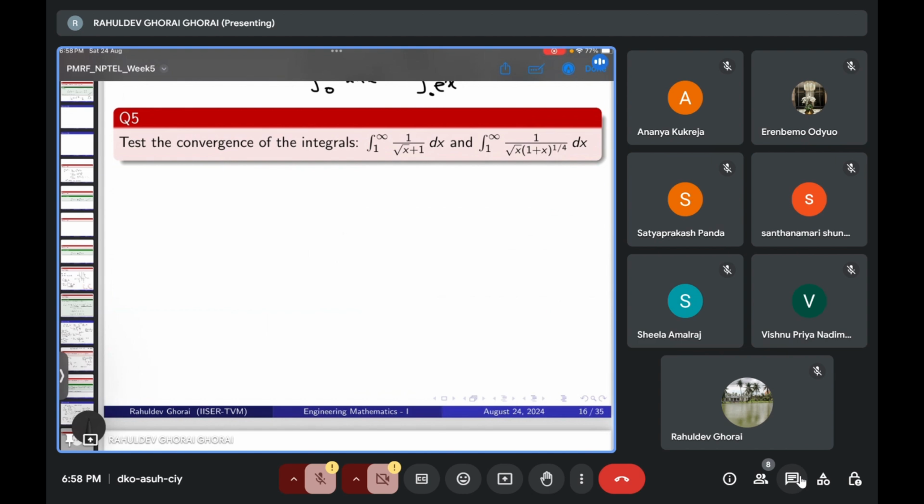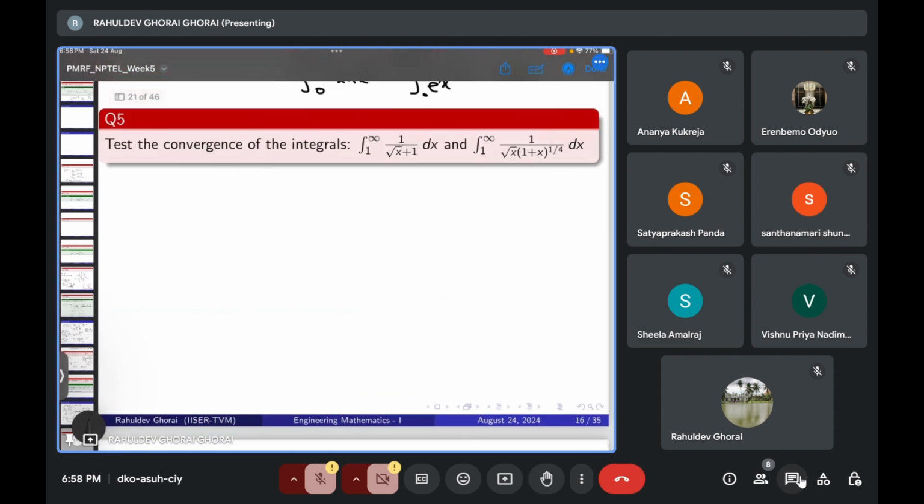The integral from 1 to infinity of 1 over square root of x plus 1 dx, whether this is convergent or not. Can you try it quickly?